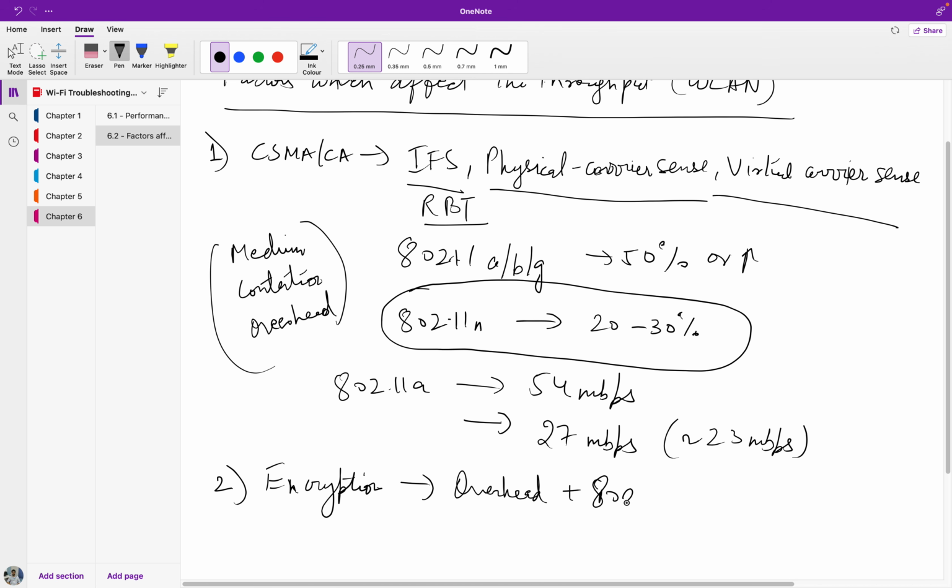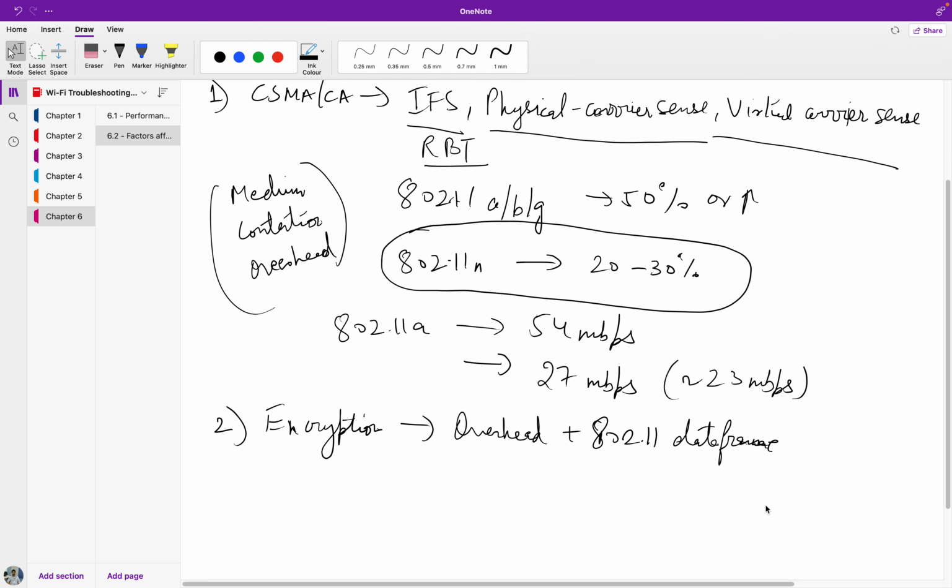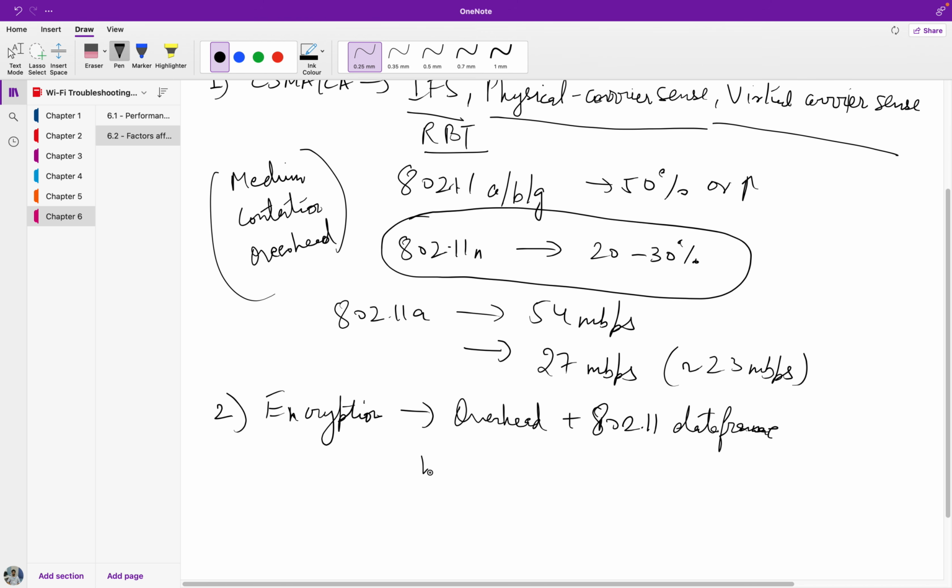Let's see how much is really added in WEP. WEP encryption uses the RC4 algorithm, and an extra 8 bytes of overhead per frame is added.